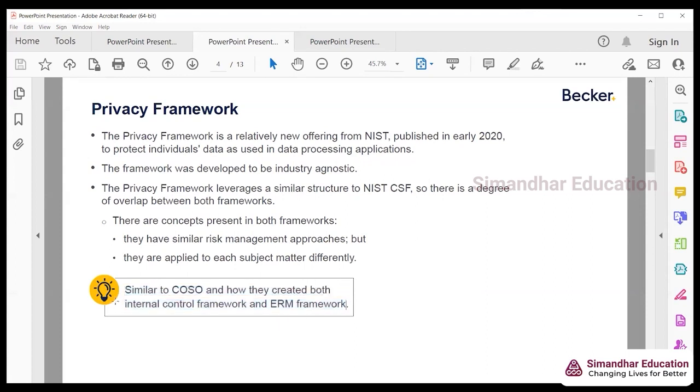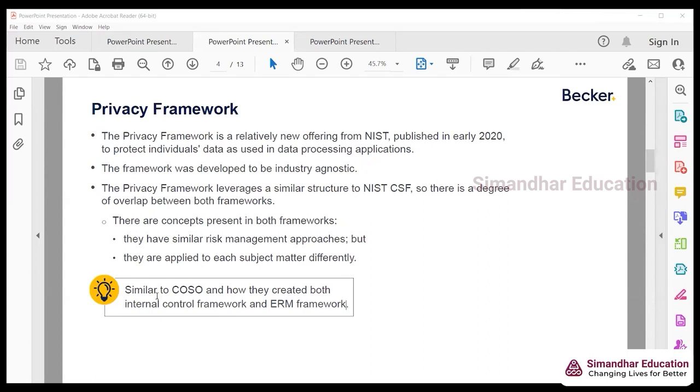COSO had an internal control framework. I'll give you food for thought. Oh, you have moved on from BEC to this, Lakshmi? Oh, CA, okay.